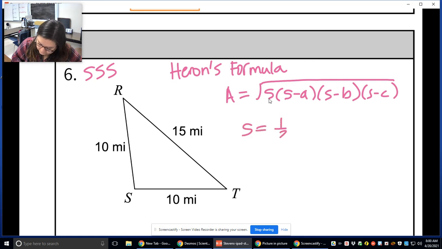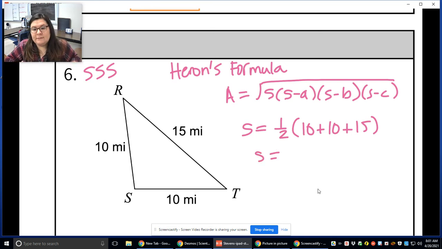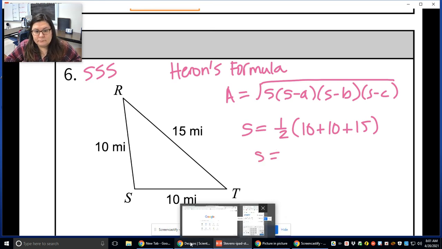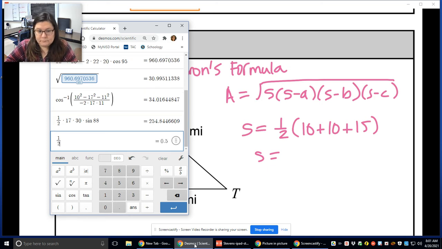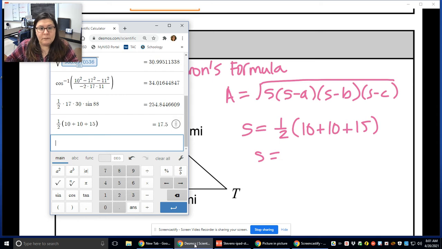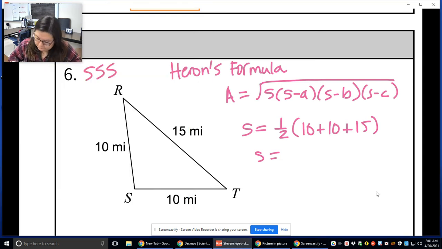For semi-perimeter, it's 1/2 of adding up all the sides. So 10 plus 10 plus 15. So S equals, well, let's see, 17.5. And now I can plug it into this formula here.